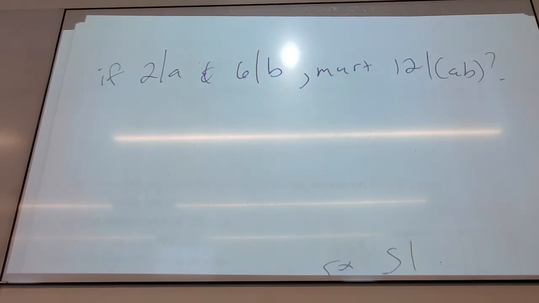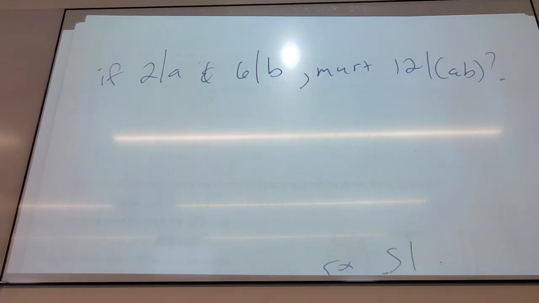Because I said must 12 divide AB. So it has to be for every possible A and B. So if you want to go that route, you have to try every possible A and B. I don't think you should do that. But how many things could A and B be? Infinite number. Okay. Are you guys with me?